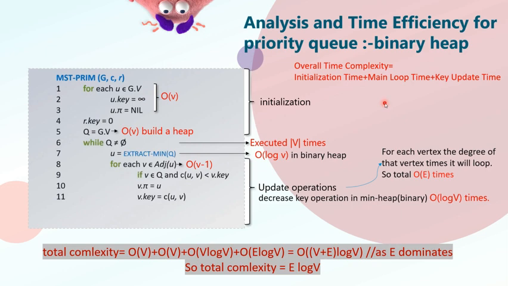As we are trying to find the minimum spanning tree and the problem is not solved yet, the spanning tree will be empty and will always have fewer than V minus 1 edges. Here, at line 6, we say while Q is not empty, in other words, the number of edges is less than V minus 1, we extract the minimum of the given Q. And for each vertex adjacent to the extracted minimum, we check if this vertex belongs to Q and the cost of it is less than the key, which was initialized with infinity at the beginning, and gets updated to make sure we choose the minimum path to this edge.